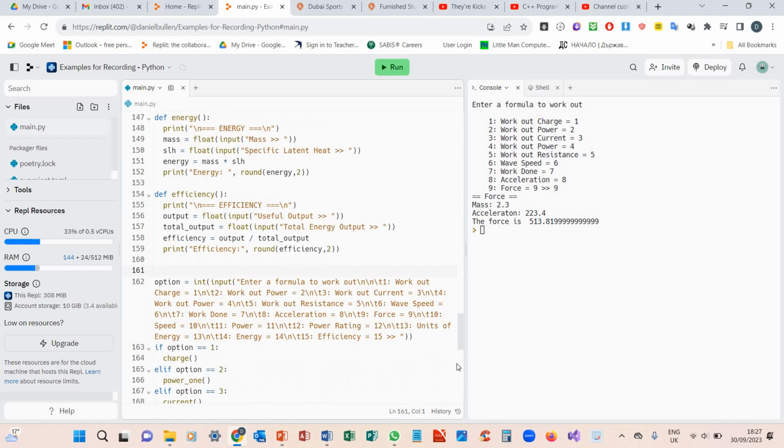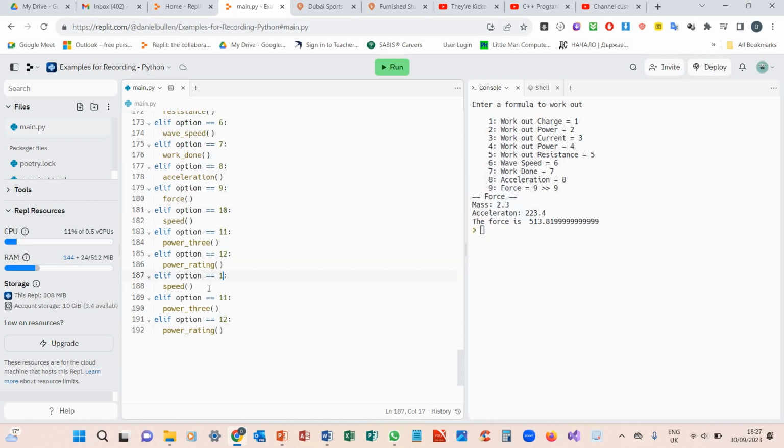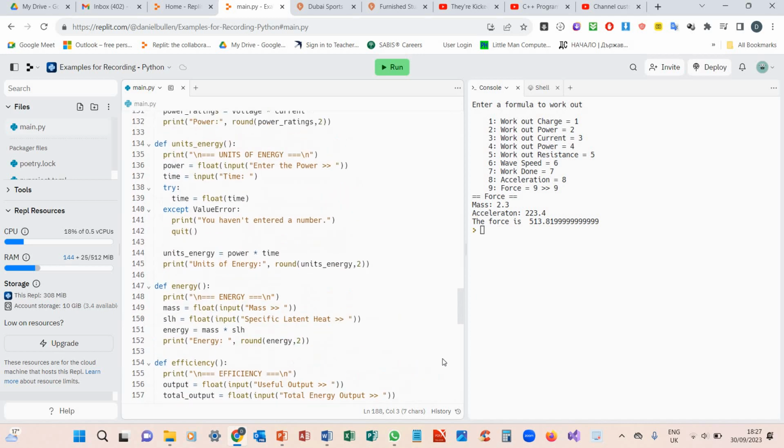There we go. What we will need now is we will need 3 subroutines that are going to be called 13. That was, let's check it.